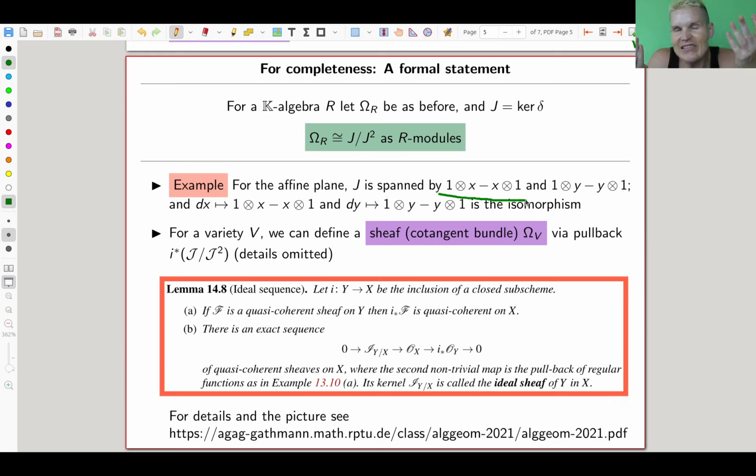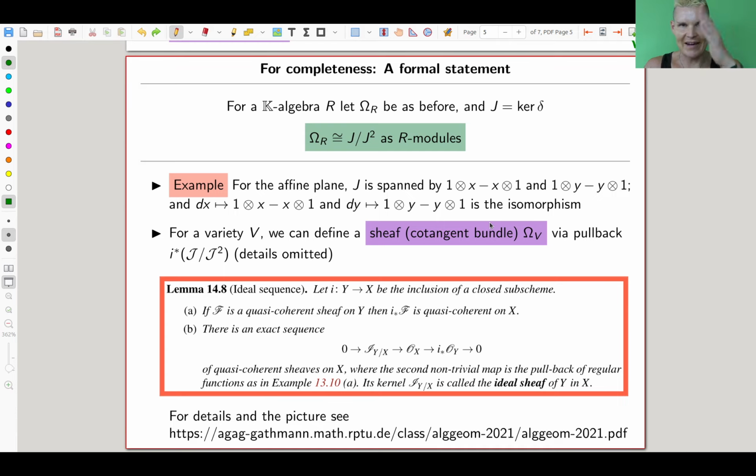And you can easily check in this example that these guys span the space, and the isomorphism is given by sending dx to this thing, action on the left, action on the right, and dy to this thing, action on the left, action on the right. And I realized now that this is actually the right and this is actually the left. So let me try again.